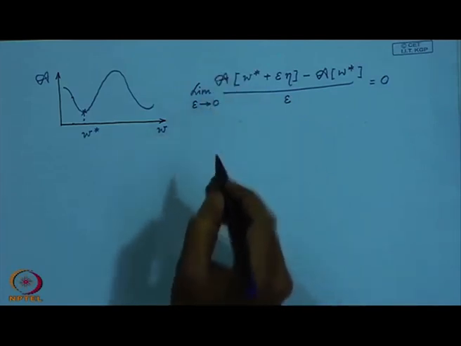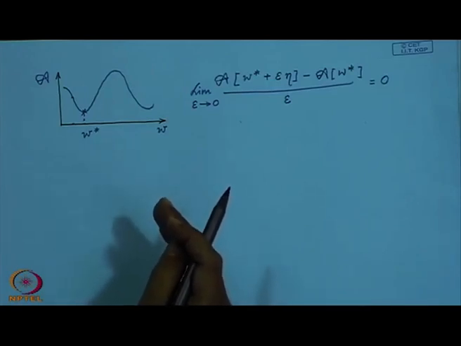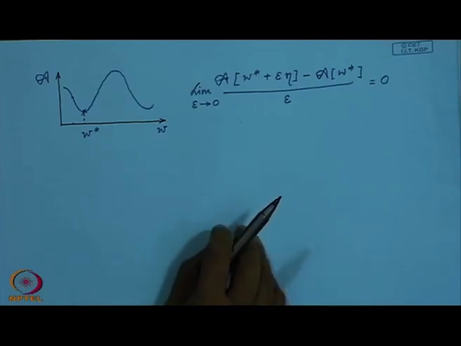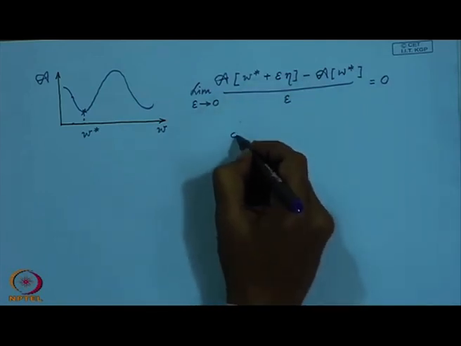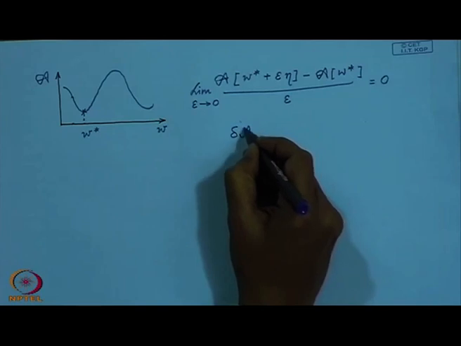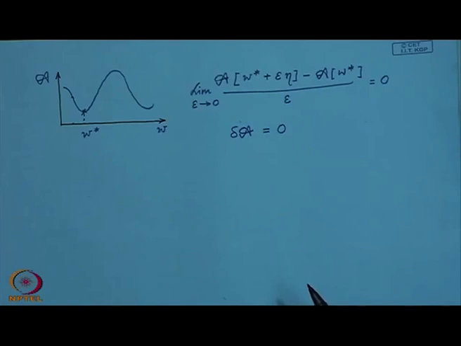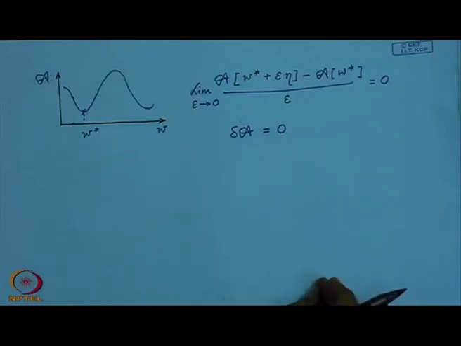Remember, this action is being calculated as an integral from T1 to T2 of the Lagrangian. Now, this is represented in this manner, just as in the case of functions we say del f del x vanishes, here we write delta of the action is equal to 0.